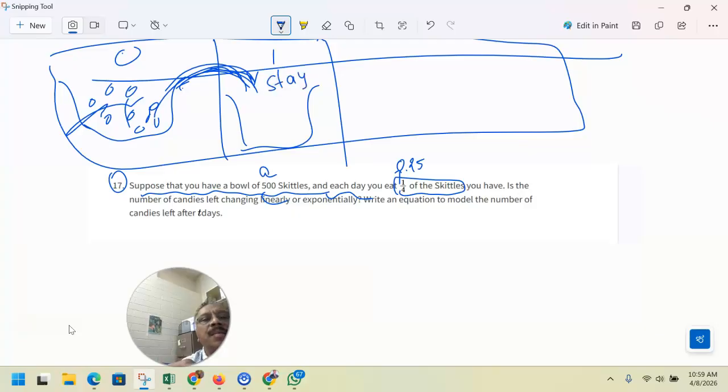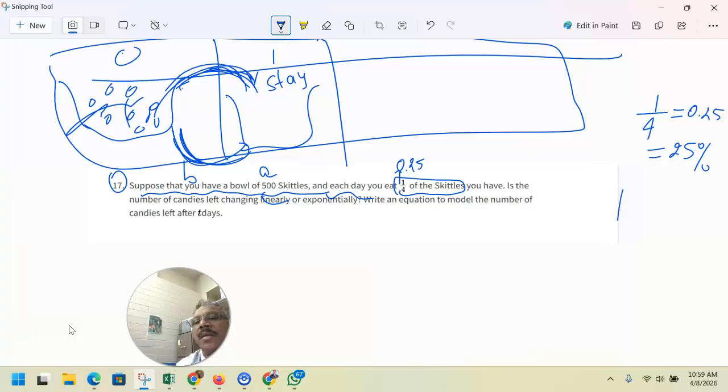So that means it is decreasing. What is that decay factor? What is that b here? One fourth basically means you finish one fourth, which is 0.25. That means you are eating 25%. So how much is remaining? The remaining is 75% because you eat 25%.